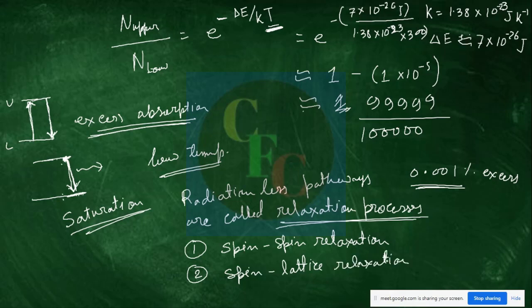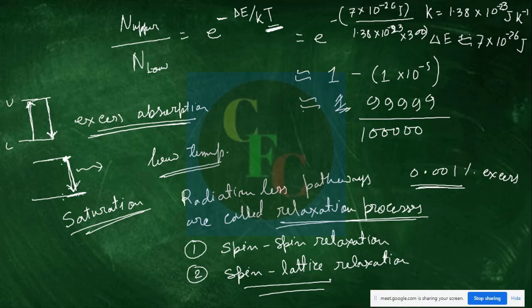By these two, this slight excess of the lower spin state is reinstated, and we can see these NMR spectra. Okay, so this was the basic theory of NMR spectroscopy.